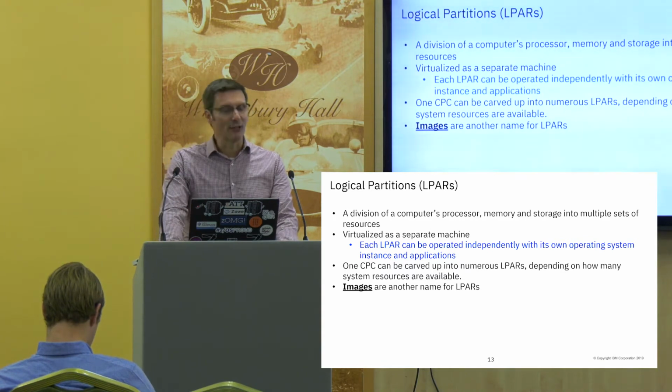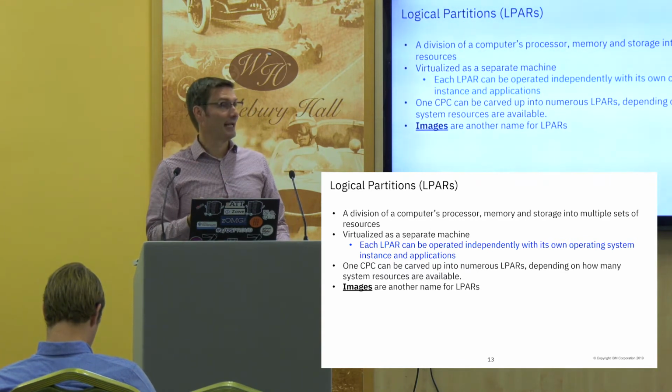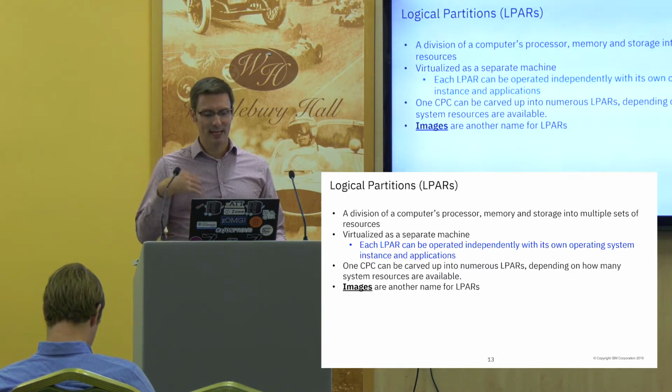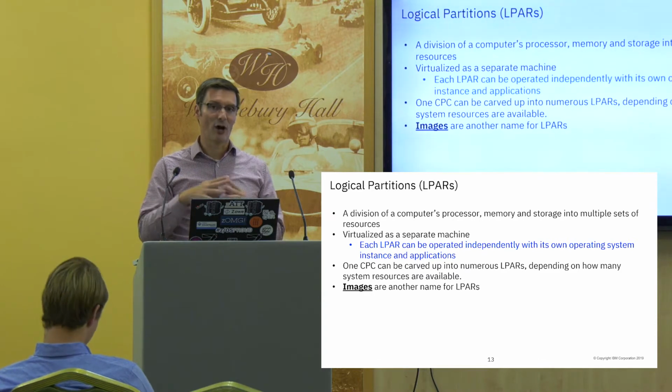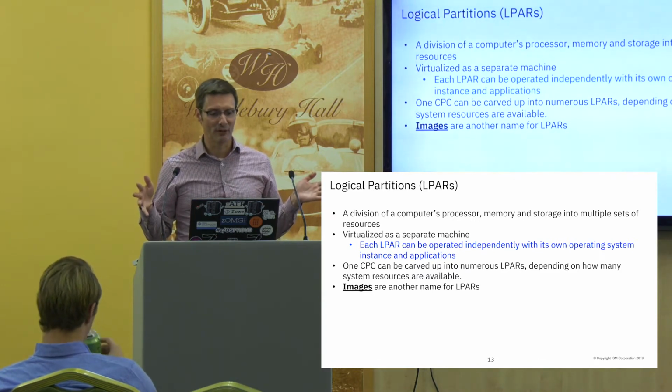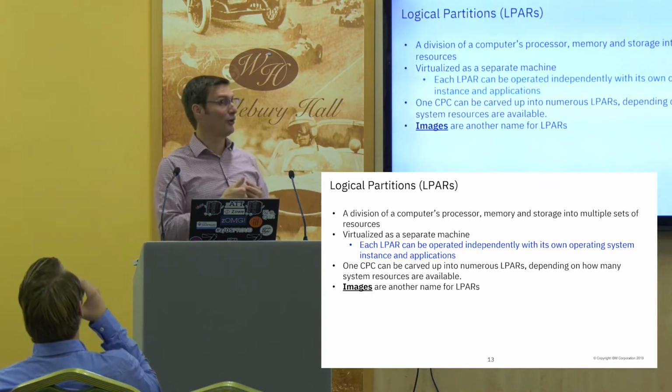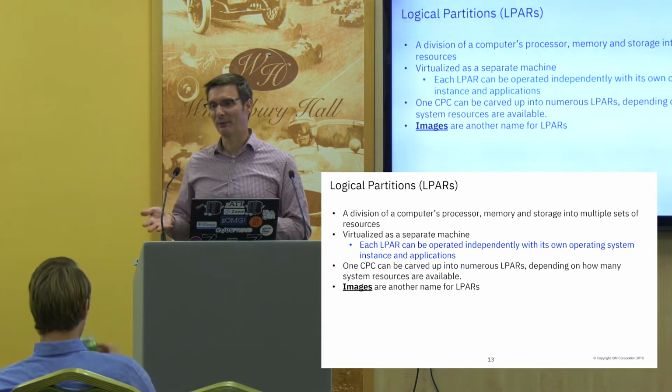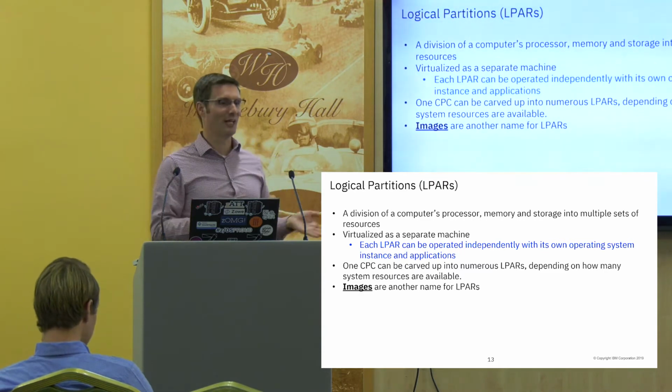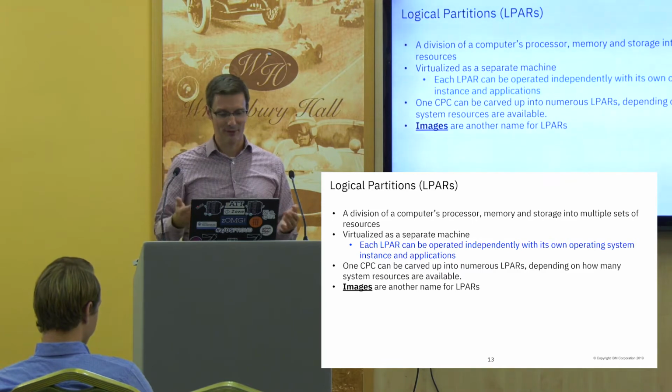Each LPAR operates independently and can have its own operating system instance and applications. One CPC can be carved up into multiple LPARs. Sometimes those LPARs are also called images. So sometimes in the publications you'll see images, sometimes you'll see LPARs. They refer to the same thing, okay?